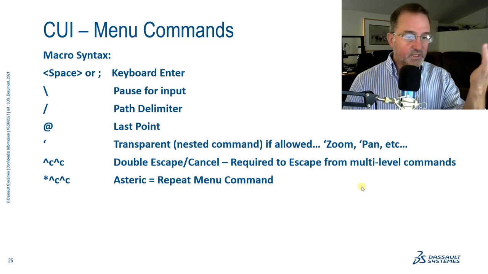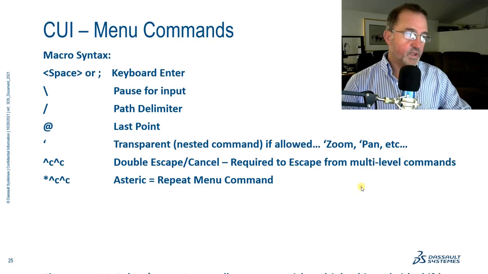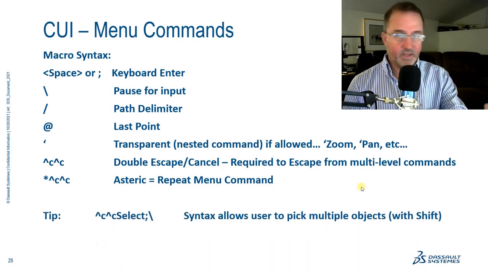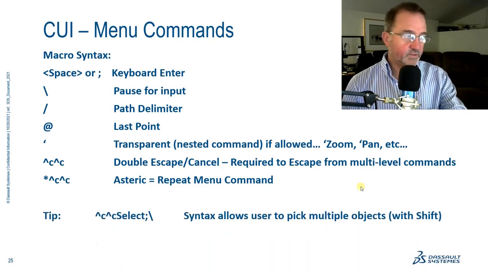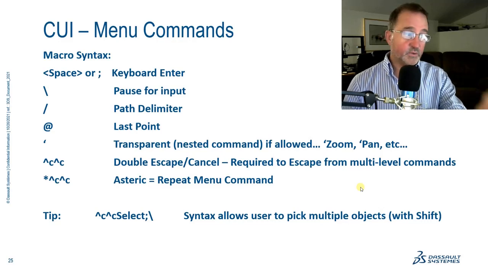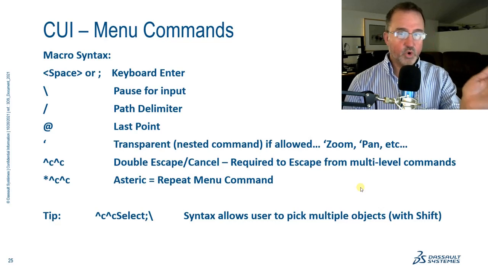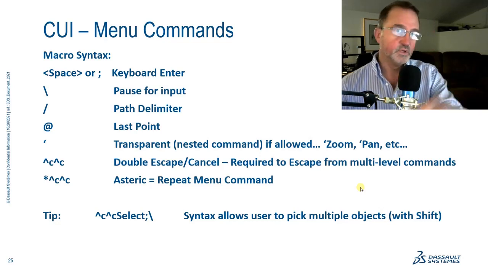So to do something like a move or copy, where we want to grab a selection set, we have to use a command called select. The way we do that is we use the select, semicolon, and then the backslash is that pause for the select. What's unique about select is it will stay in the mode of picking objects until you hit enter, and then it will continue on.